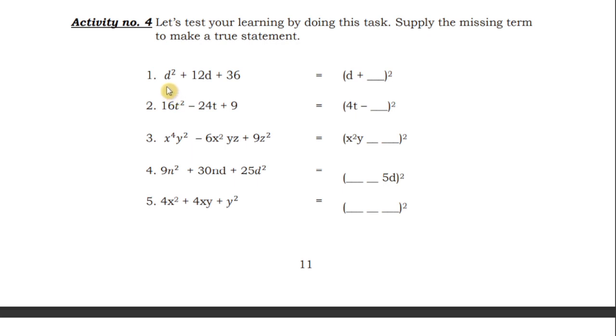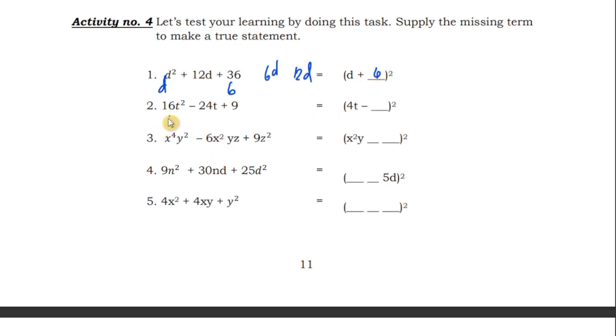So d squared is a perfect square of d. 36 is the perfect square of 6. So 6 times d is 6d, times 2 we have 12d. So therefore this is a perfect square. So we have now (d plus 6).